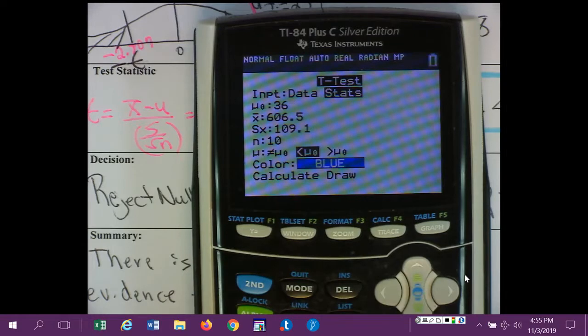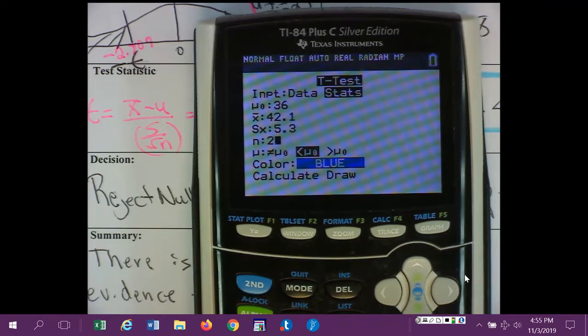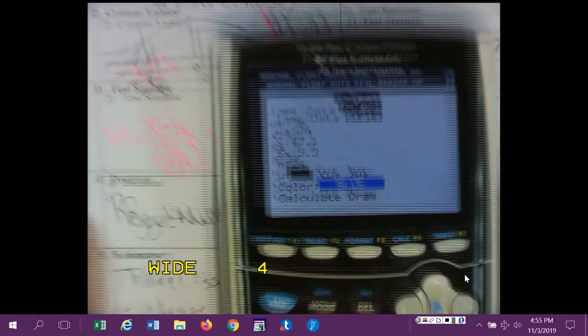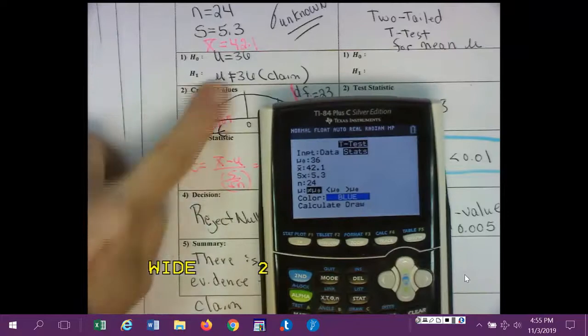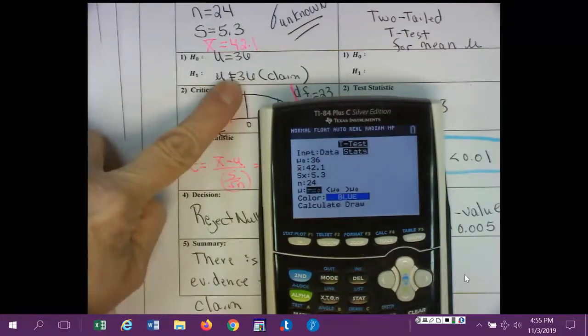X bar, sample mean, was 42.1. Standard deviation was 5.3 for the sample. Sample size was 24. And the alternative was not equal to, which indicates a two-tailed t-test.